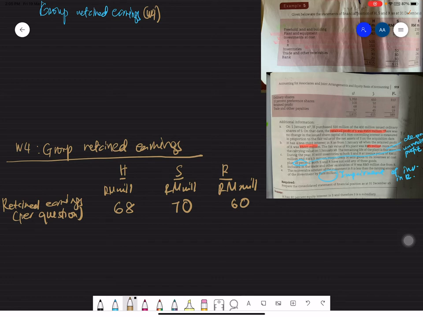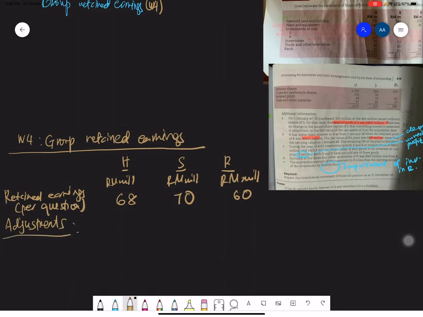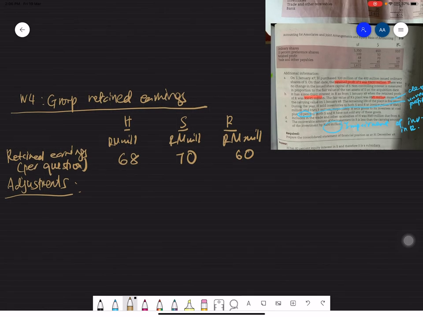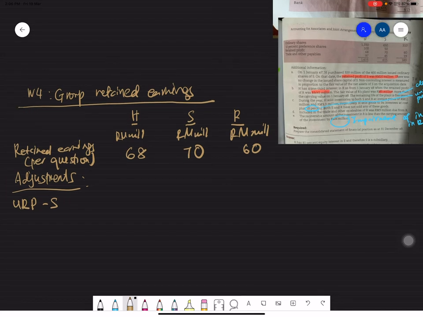And of course there will be an adjustment in relation to unrealized profit from the transaction with the subsidiary. This is downstream actually.